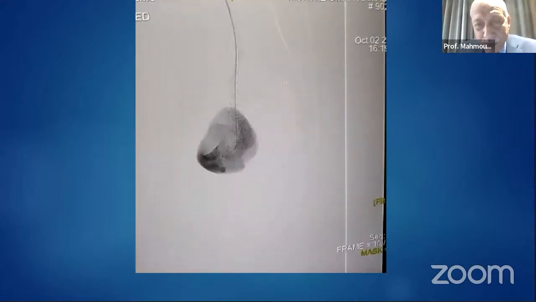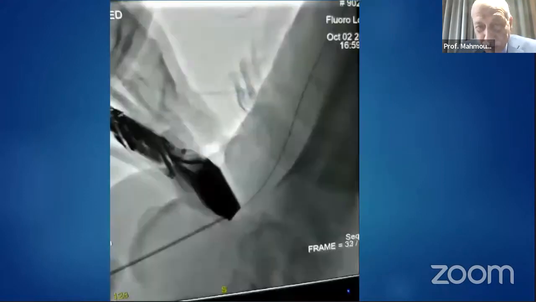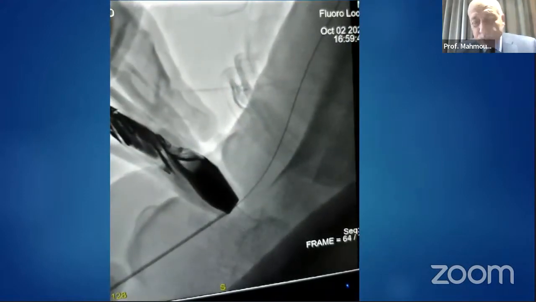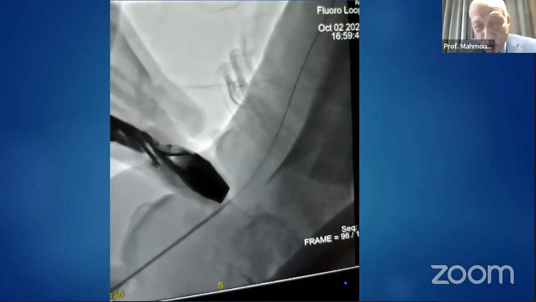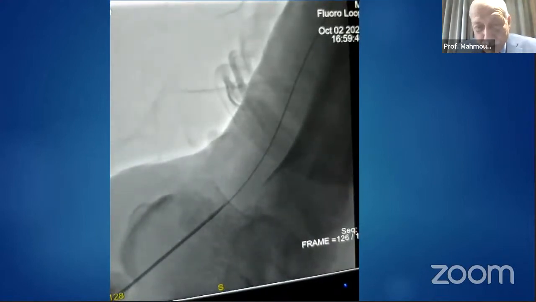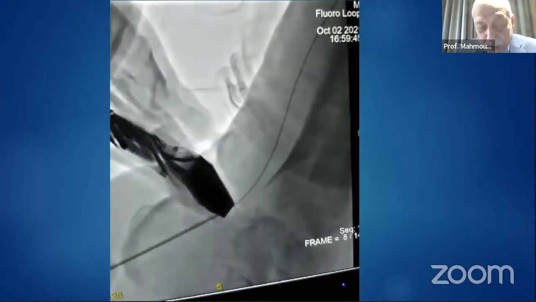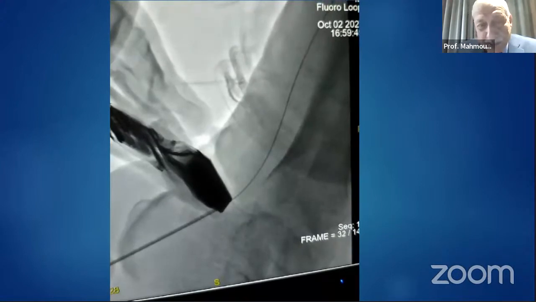We actually tried many times to cross from above. Every time we were going to the aneurysm, we could not go through the occluded popliteal. So the only option was to go retrograde from the dorsalis pedis using ultrasound guidance, and we had the wire coming from the dorsalis pedis up.